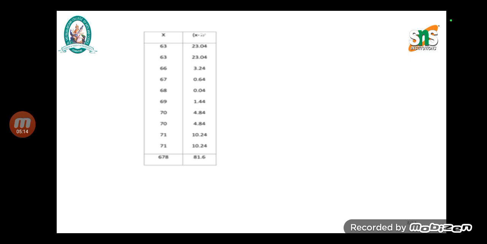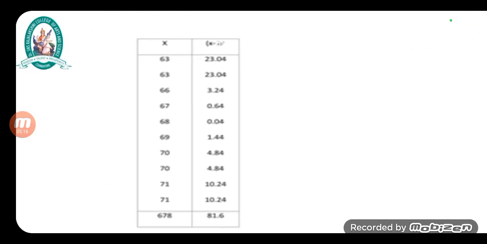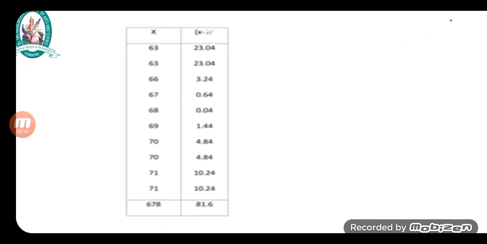So now we find the standard deviation. Write all x values and the corresponding squares of deviation. If the height is 63 inches, its square of deviation is 23.04.